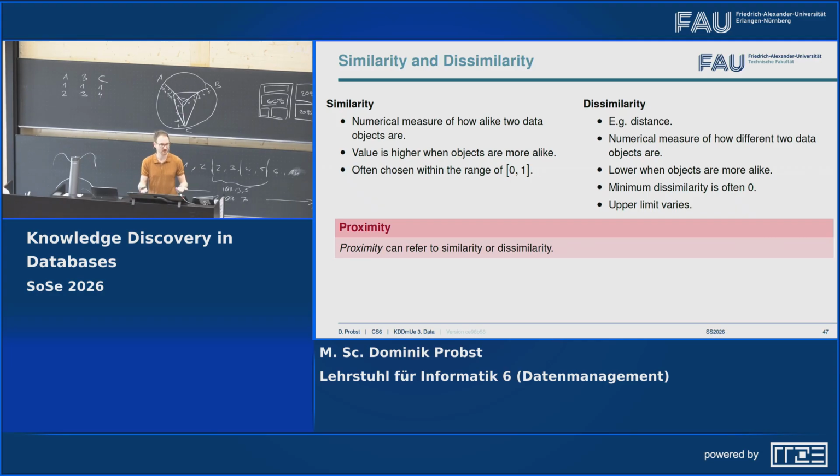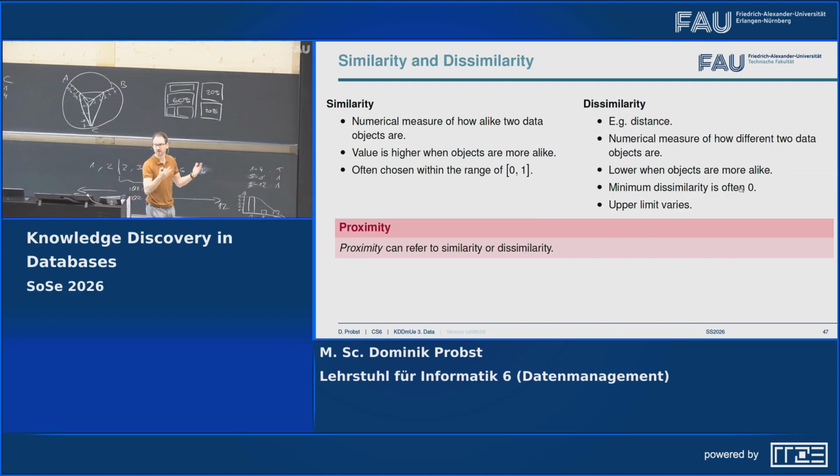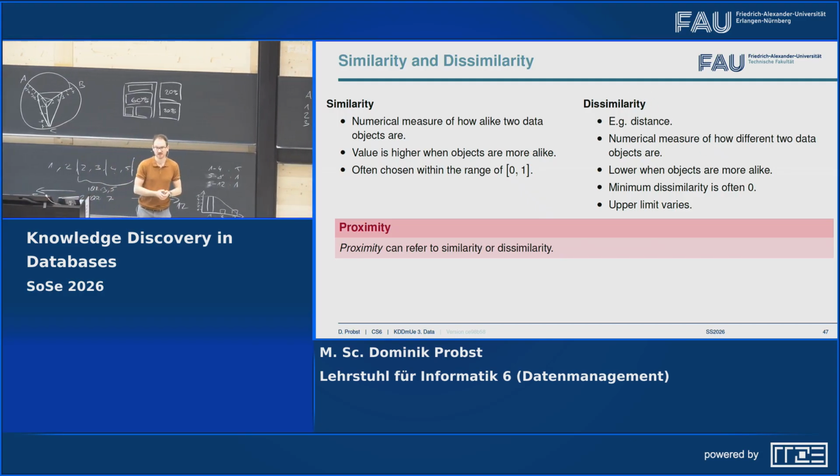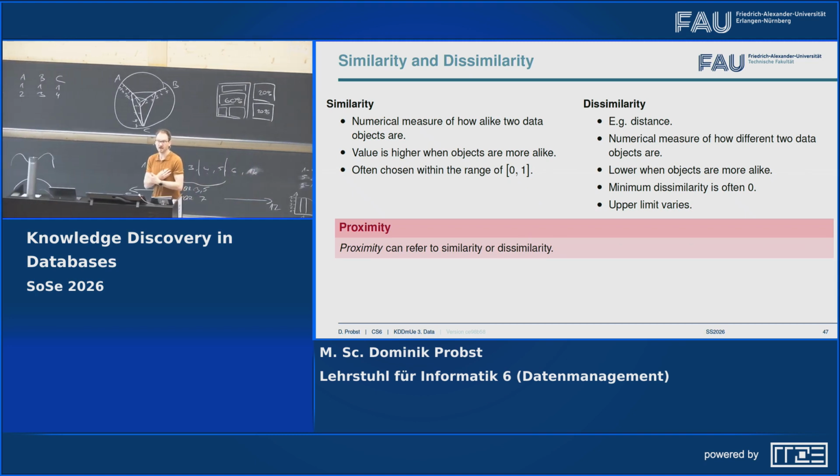A 100% similar object would be identical, basically, while a 0% similar object would, of course, be a totally other object. For dissimilarity, we do not have a percent range. Dissimilarity is most often without upper limits.